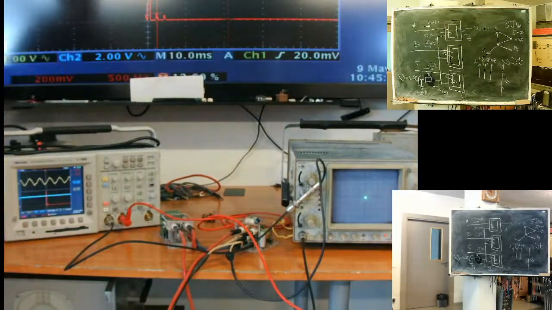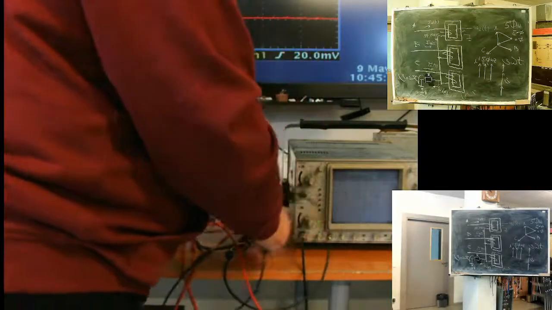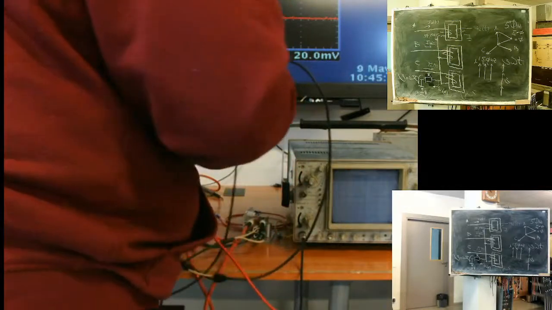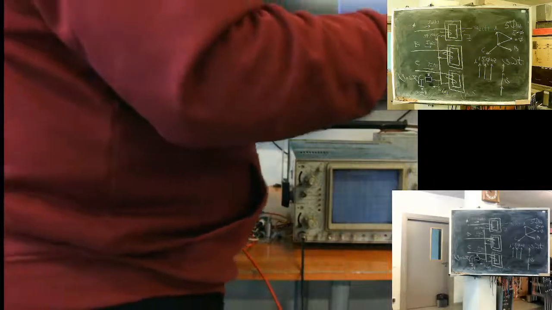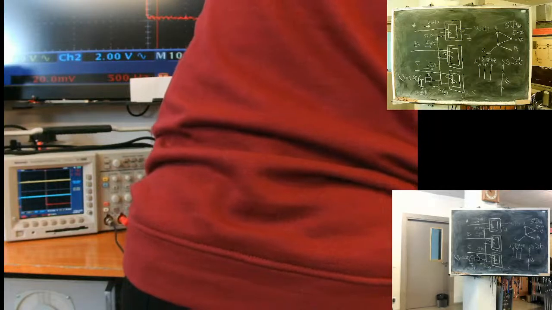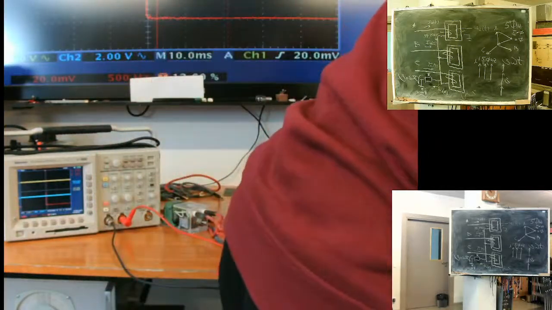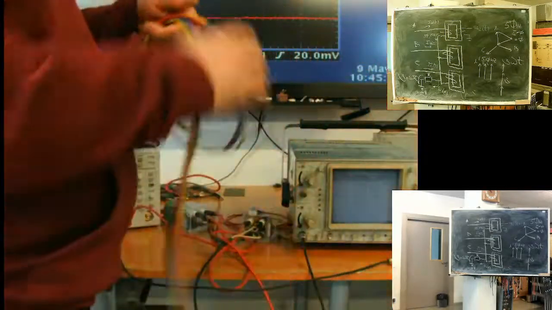What can I do? Just to zero and disconnect. I don't need this one, but I'll need close it. One second, where is my wire? One second, I'll connect components.